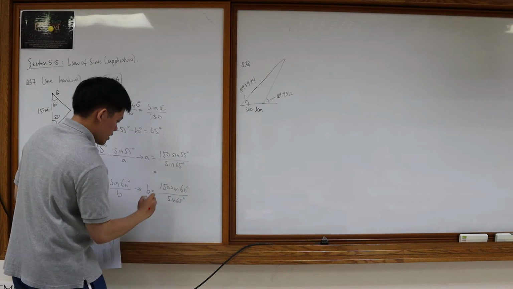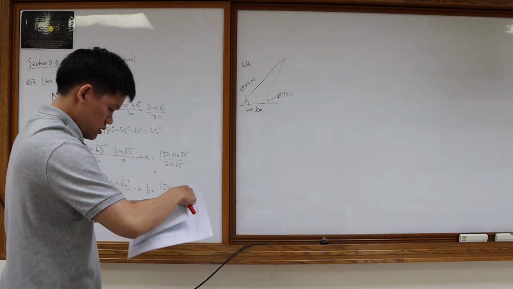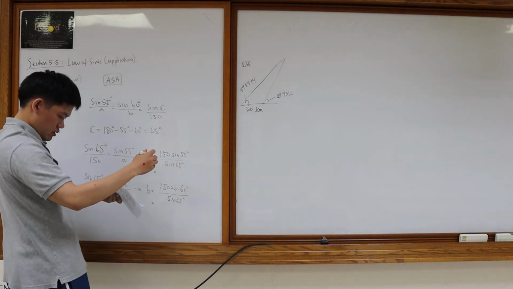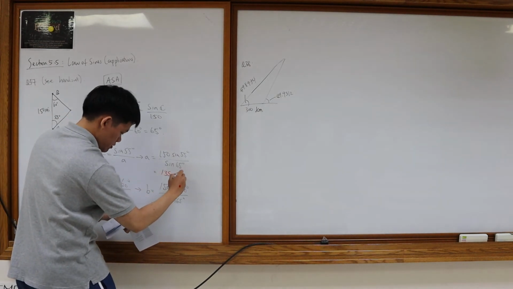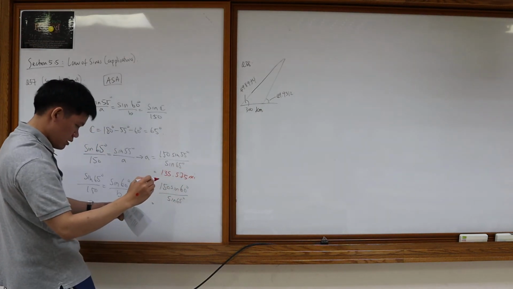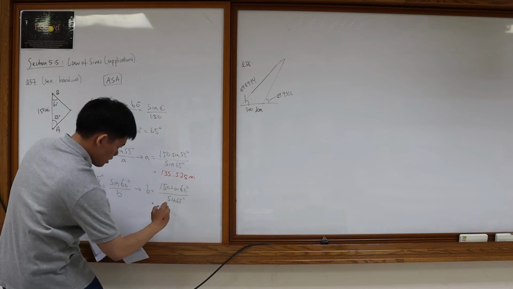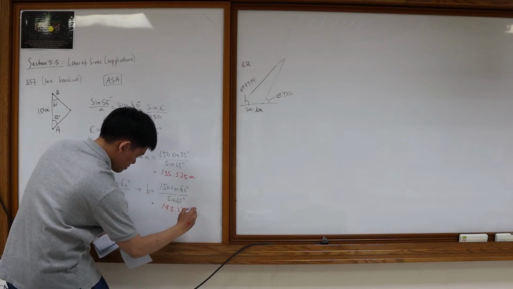Okay, so if you put it in your calculator, the answer you get is 135.57375 miles for A, and B is equal to 143.333 miles.